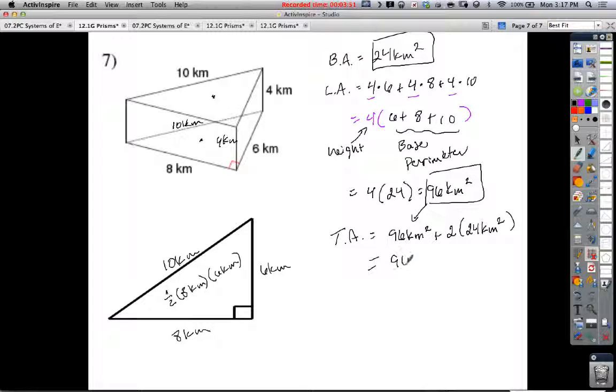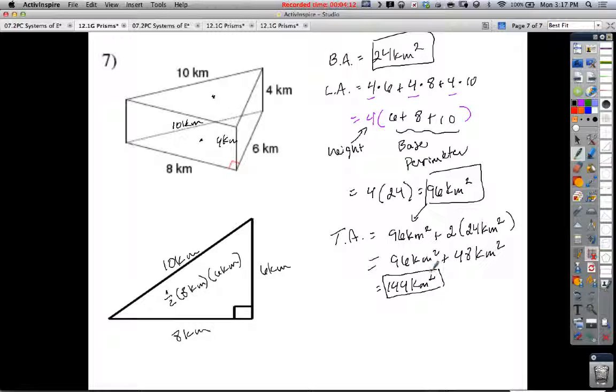Okay, so that's 96 square kilometers plus 48 square kilometers. Add those up, and let me see what that's, 144 square kilometers. And now we have the total surface area.